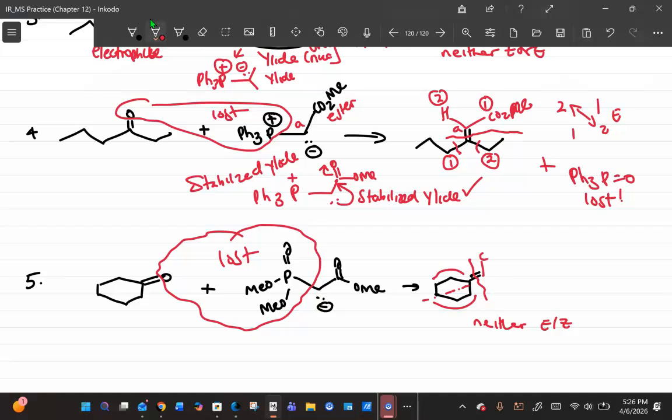So I'll give you one more that can dictate things. This is the Horner-Wadsworth-Emmons reaction, whatever the name is. Okay, so the HWE reaction. So let's see if I have this, and you're given the same thing. Let me make it smaller.